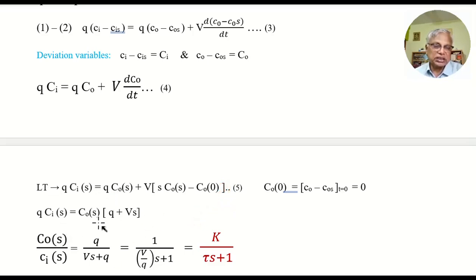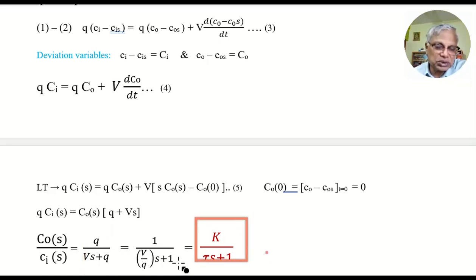So rearrange this and find C0(s) by Ci(s). You get Q by Vs plus Q. This is of the form K by tau s plus 1, right?